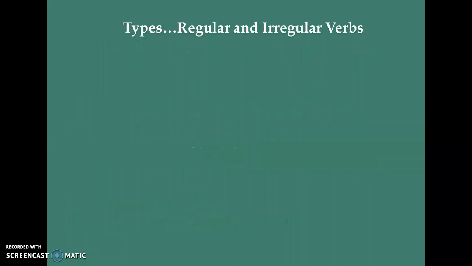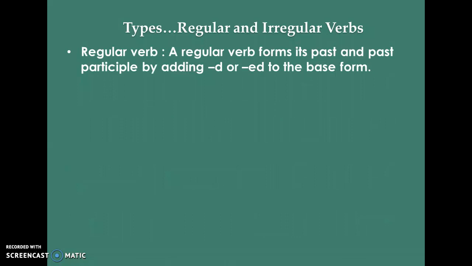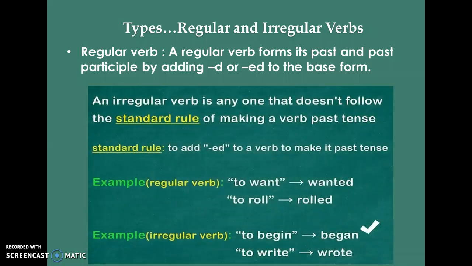Let's move to the regular and irregular verbs now. You have done this before in your previous classes. The regular verb is a verb that forms its past and past participle forms by adding d or ed to the base form. You can also see that an irregular form of the verb is any one that doesn't follow the standard rule of making the past form.